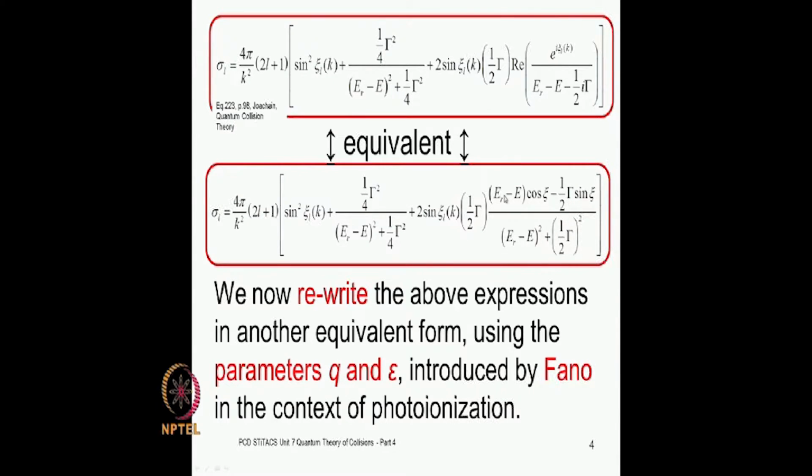Okay? So this is just an effective rewriting of the same expression. So there is no new result. Okay? But the same expression, when it is written in terms of these new parameters, gives us a very convenient and a very powerful tool to analyze the spectra, the collision spectra.